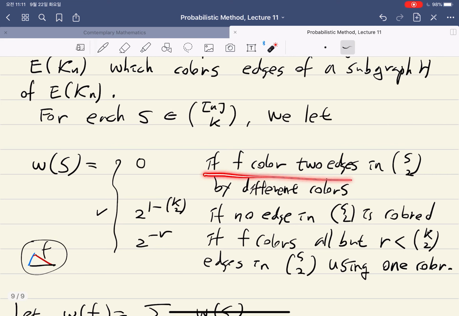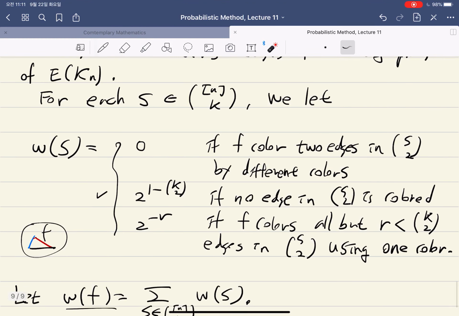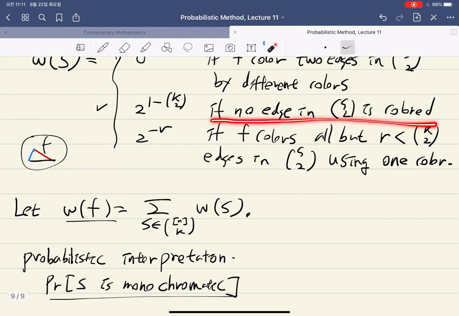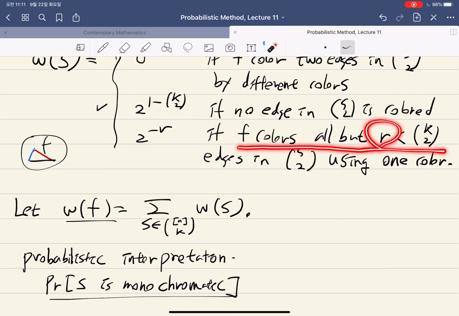If S already has two different colors, then the probability that it's monochromatic is 0. If no edges in here are colored, then the probability that S becomes a monochromatic K_k is this. And if f colors all but r edges with one color, say red, then the probability that the remaining ones are all colored by the same color, say red, is 2 to the negative r.